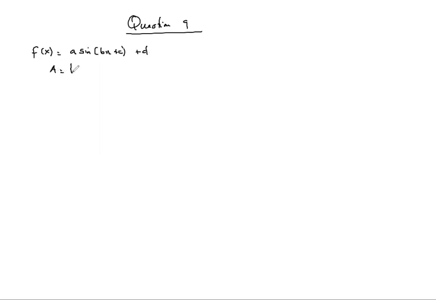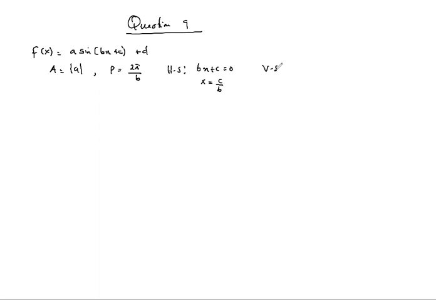So the amplitude will be the modulus of A, the period will be 2 pi over b, the horizontal shift will be given by equating this bracket to 0 and solving for x. So if it is positive, it's to the right. If it is negative, it's to the left.